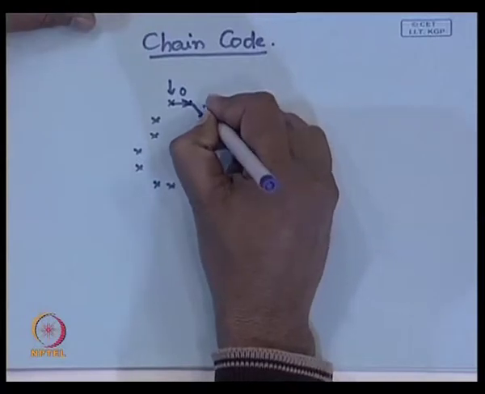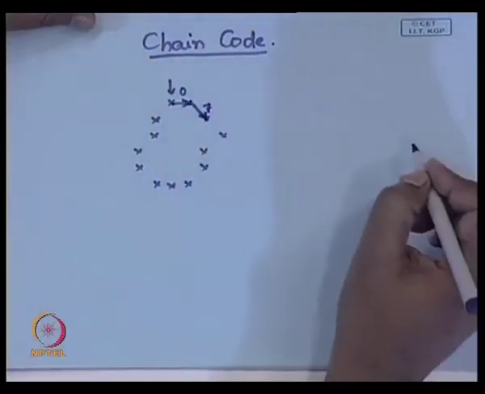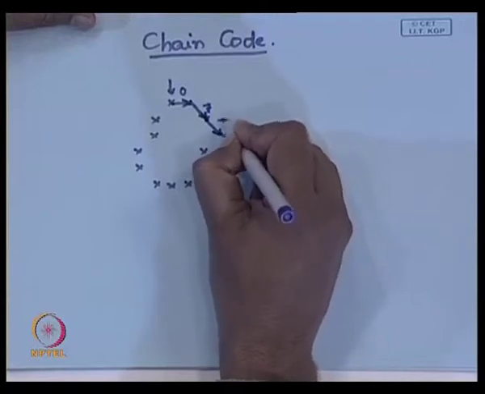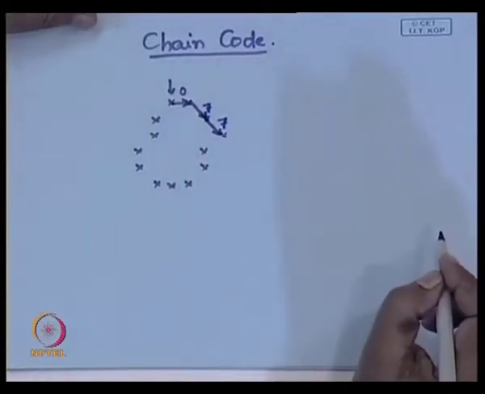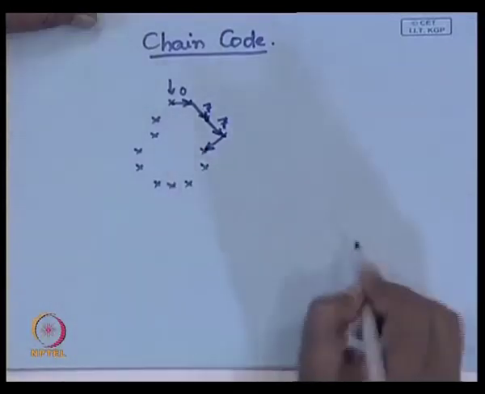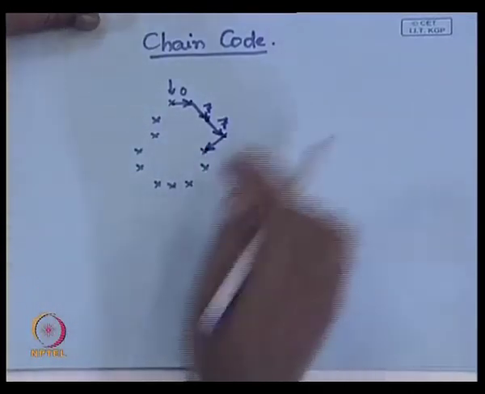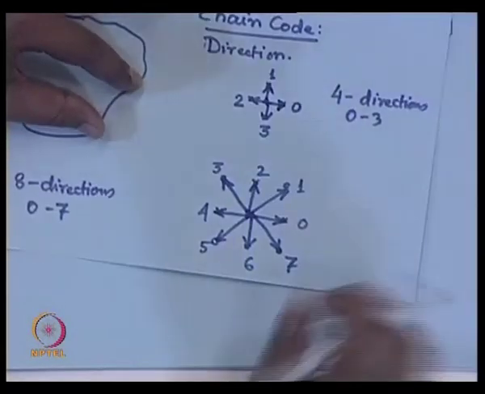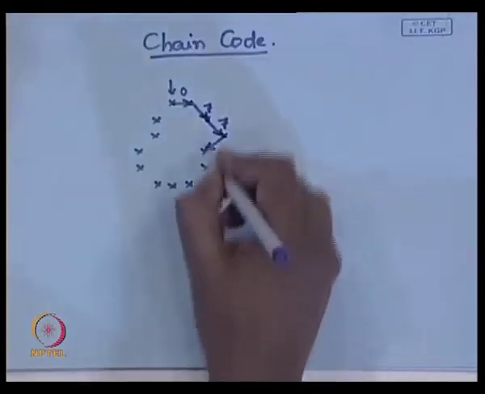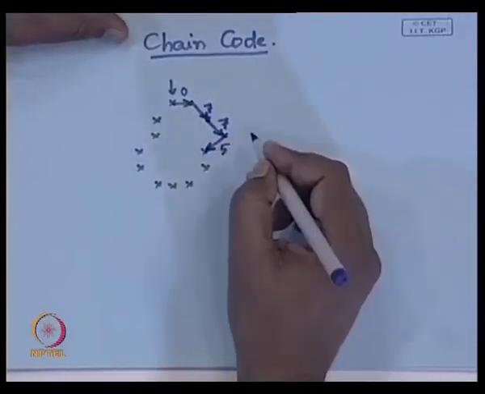So, this movement will be coded as 7. Similarly, over here, this is also 7. This is in the southeast direction. Next movement is in the southwest direction, and southwest movement is coded as 5. Okay. So, I will code this as 5.